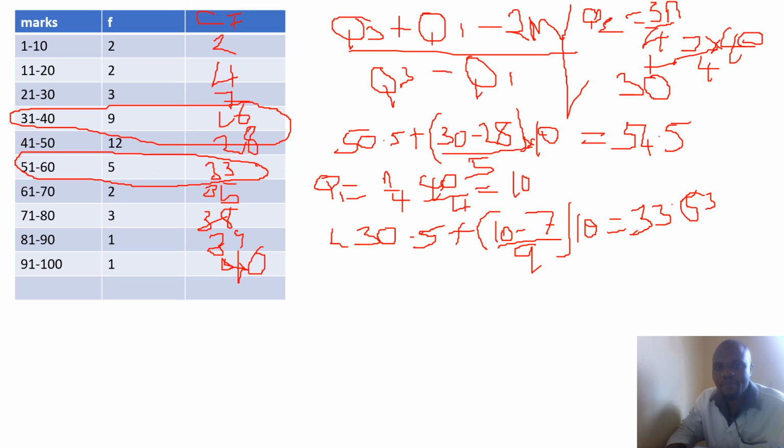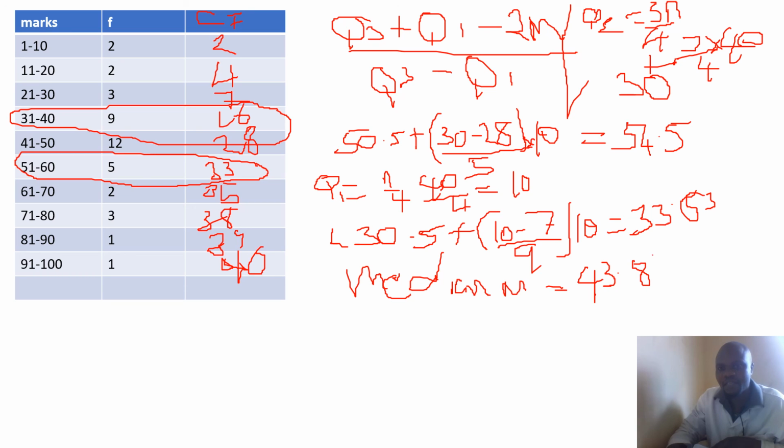So remember from our previous discussion, we found that our median, which is m, was equivalent to 43.83.